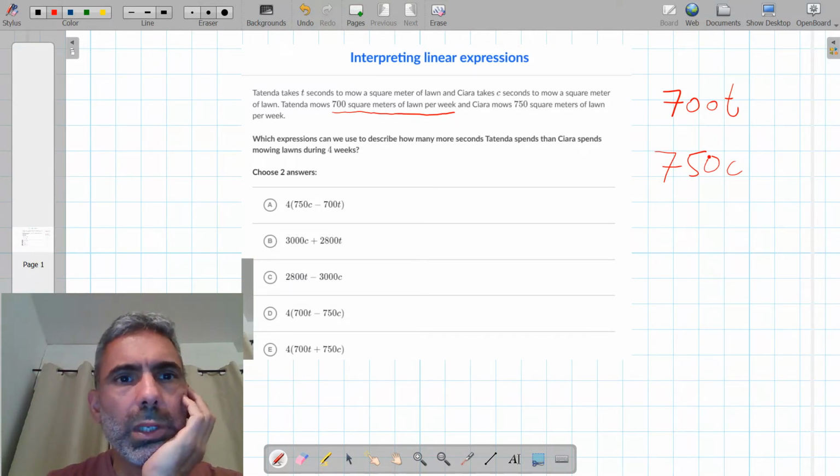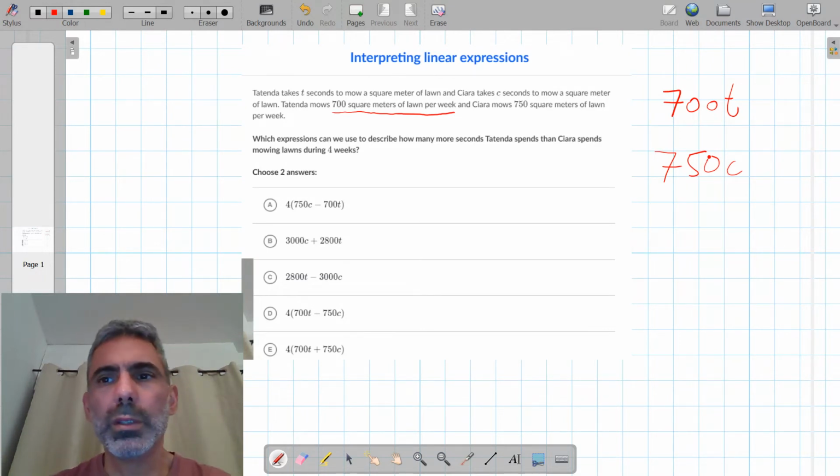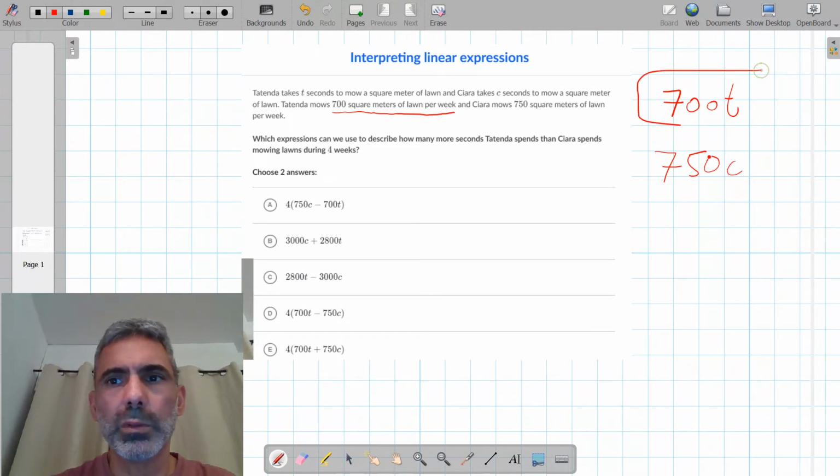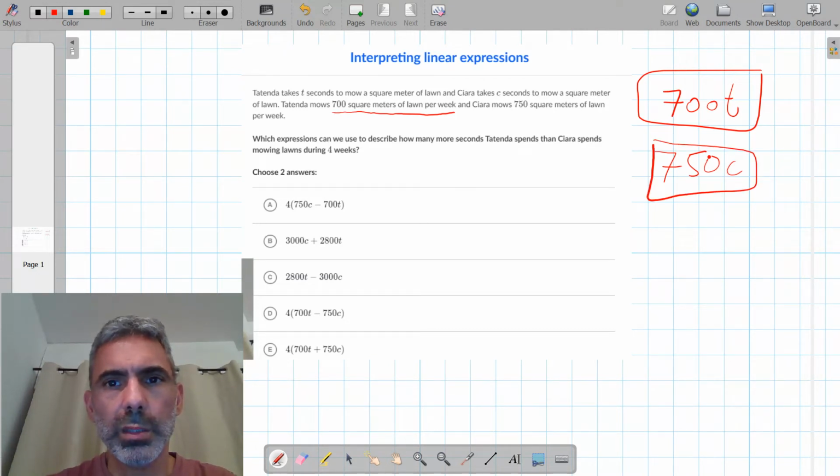Tatenda spends 700T seconds. So this is the amount of seconds Tatenda spends per week. And this is the amount of seconds Ciara spends on mowing the lawn per week.